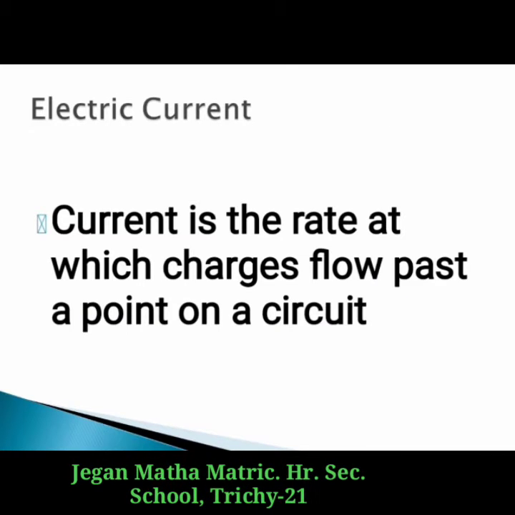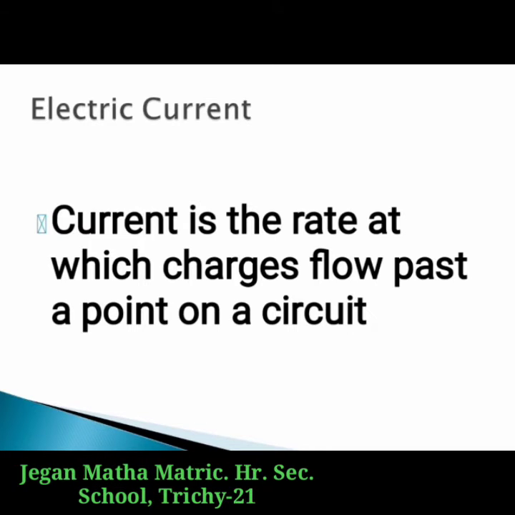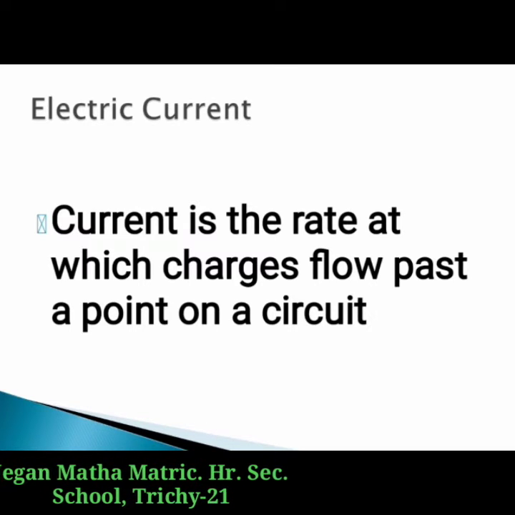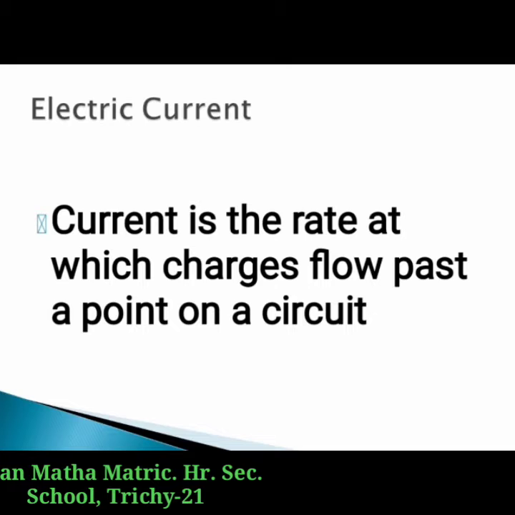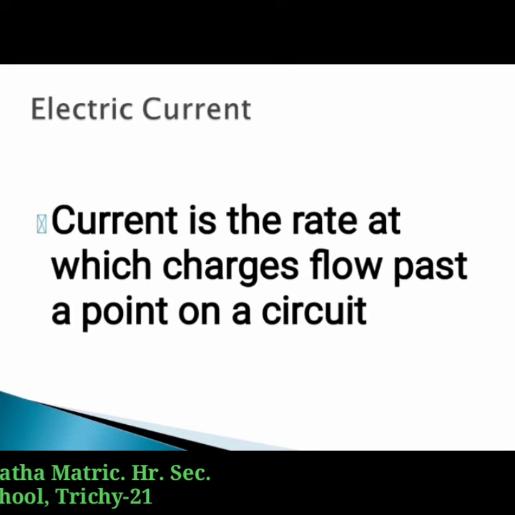Next, measurement of electric current. We can measure the value of current and express it numerically. Current is the rate at which charges flow past a point on a circuit.